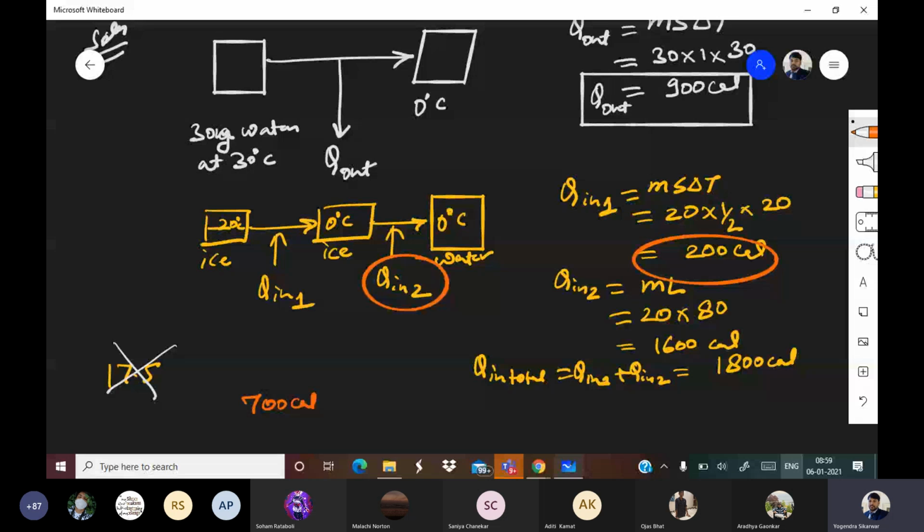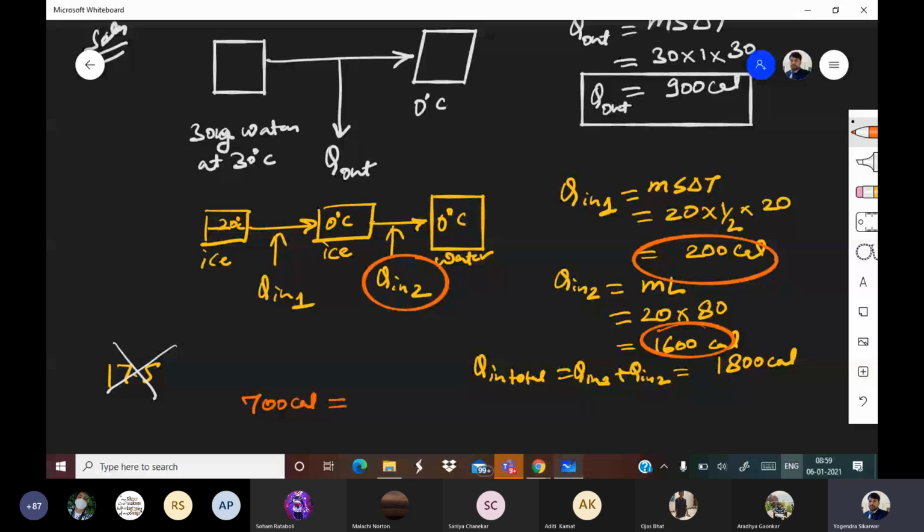What we need is 1600 calories to melt the entire ice, but we just have 700 calories instead of 1600. So the entire ice will not be melted, my dear friends. Let us see how much will be melted.